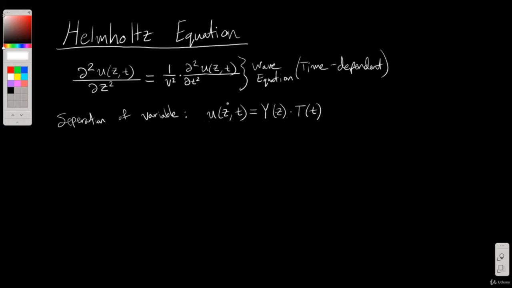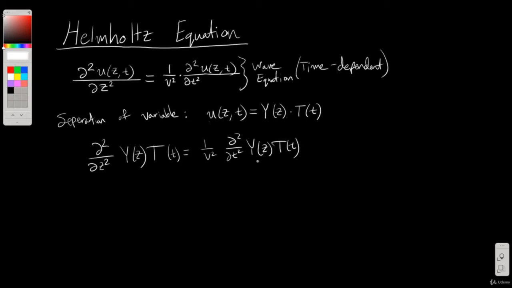And if we substitute this in, we have d2 over dz squared of Y of z, T of t is equal to 1 over v squared d2 over dt squared of Y of z and T of t once again. And so here, since I'm taking a differential of t, I can't really divide this factor out, but I can certainly divide by Y. And likewise over here, I can divide the T to the other side since I'm taking the differential with respect to z.